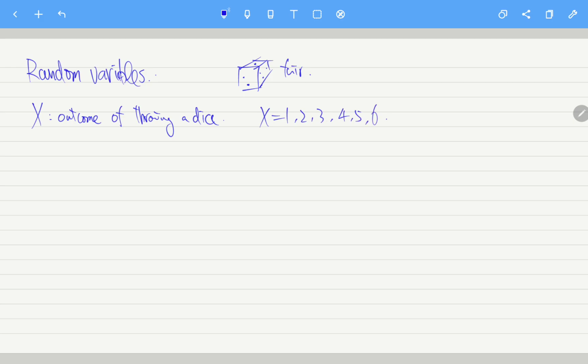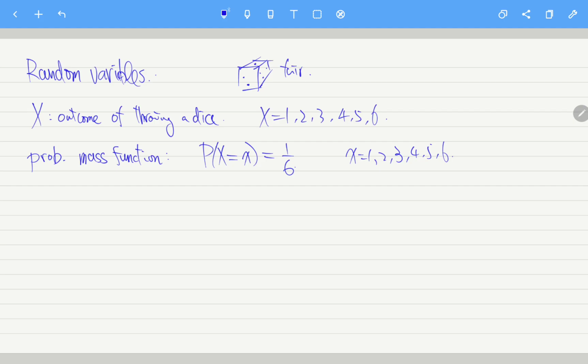You say, oh, it's just stupid. But actually, in probability, we write it as something called a probability mass function, P(X = x) = 1/6 for this dice, where x can be 1, 2, 3, 4, 5, 6.